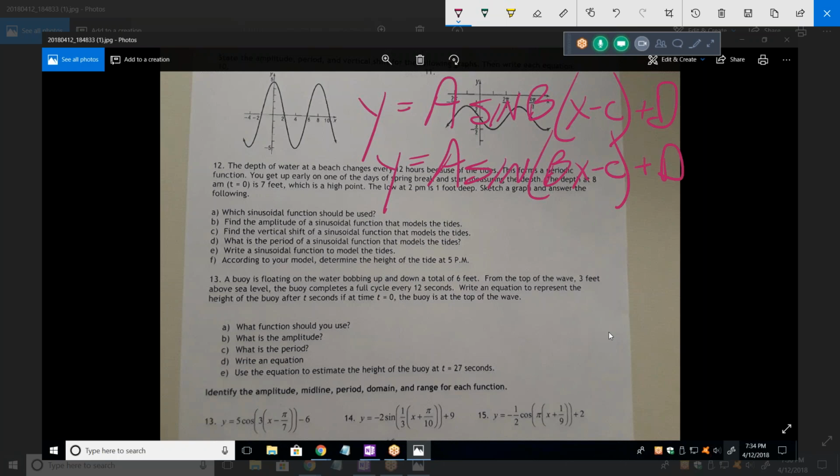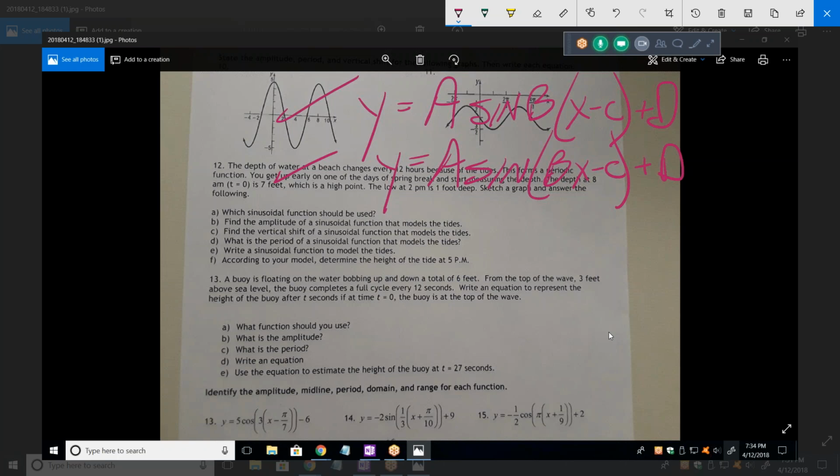If I'm using this format, the period is still 2 pi over b, but c is my phase shift. C is my horizontal shift. If I'm using this format, b is the same, my period is still 2 pi over b, but my phase shift isn't the same.